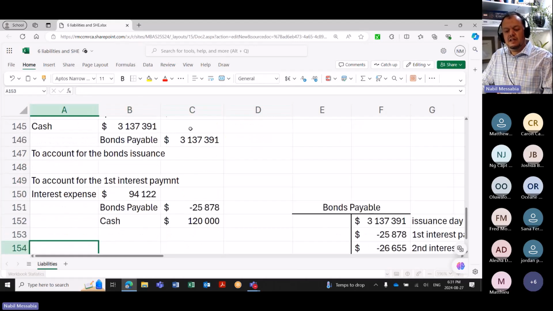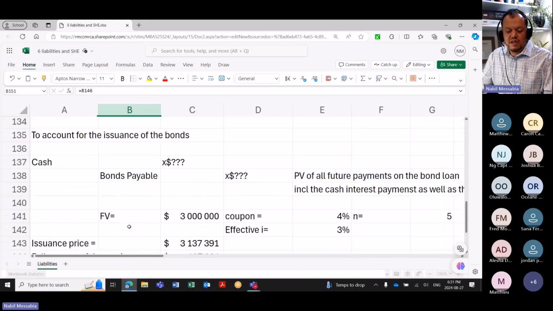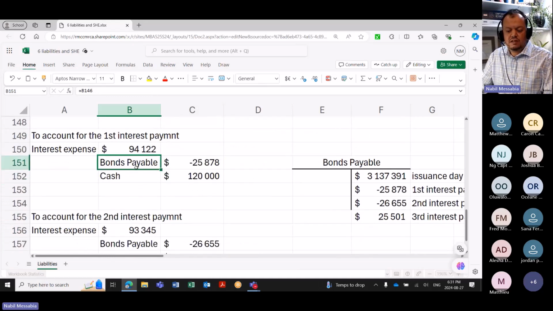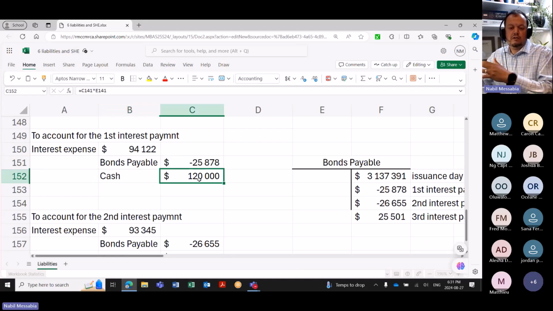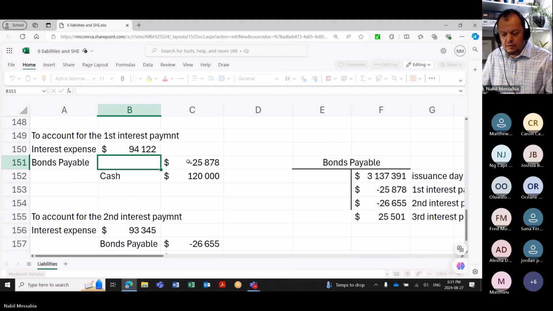And then every year, you debit interest expense, calculated the same way, but this time the bonds payable will be on the debit side, right? Because you're going to have cash always 120 on the credit and a lower amount on the debit. So to balance your journal entry, you have to debit the bonds payable. When we debit the bonds payable, it means it will decrease. It will not increase.